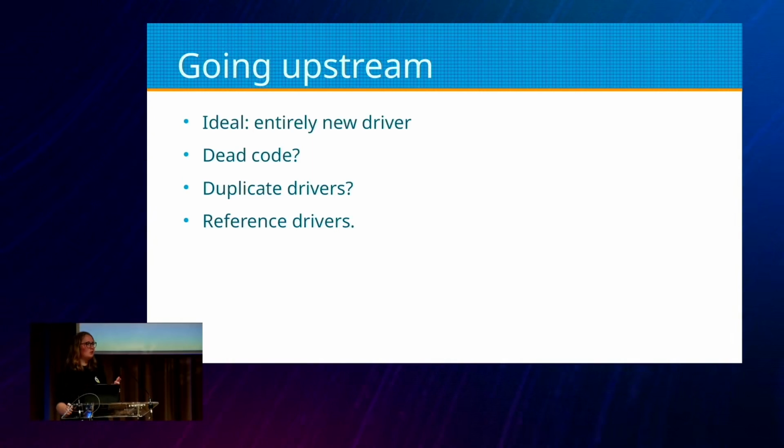And this doesn't really work because if you want to land your code, I mean, you can send your abstractions, but you really need to have a concrete driver in mind that you're going to use it for in the kernel.